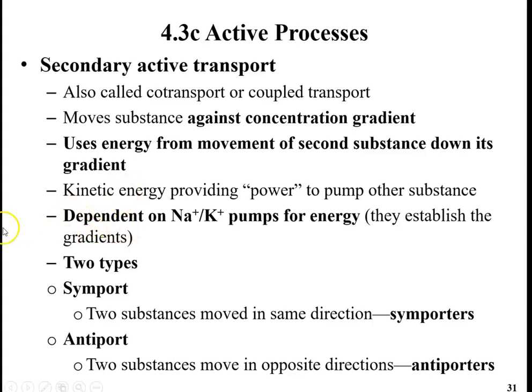And so it uses the kinetic energy of that substance moving down its gradient to provide power to pump the other substance. It depends on the sodium-potassium pump for energy. They establish those gradients. And there's two types. There's a symport, where two substances are moved in the same direction, and there's an antiport, where two substances are moved in the opposite direction.